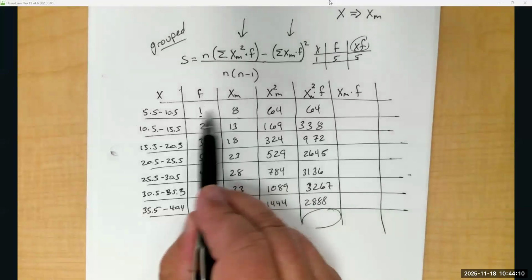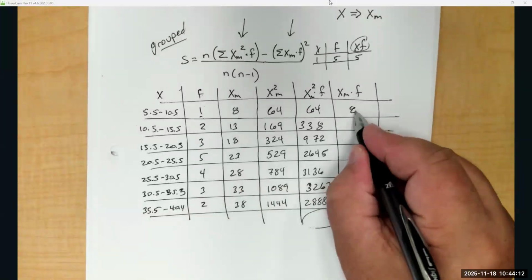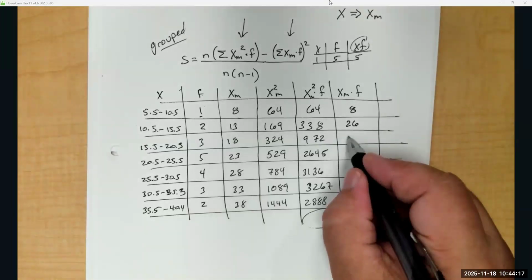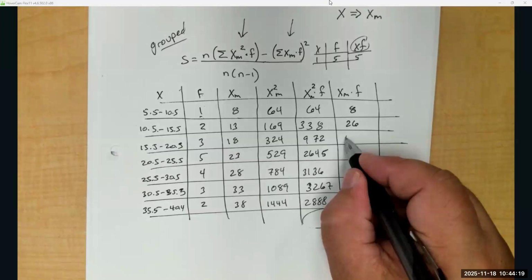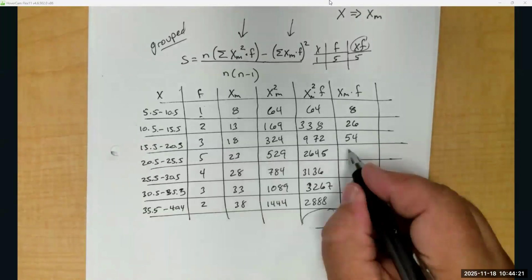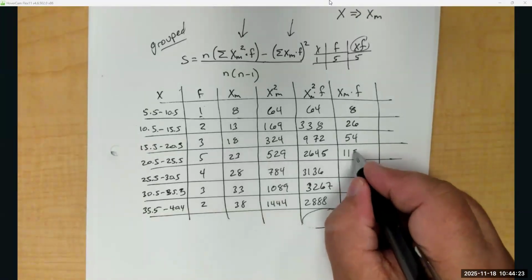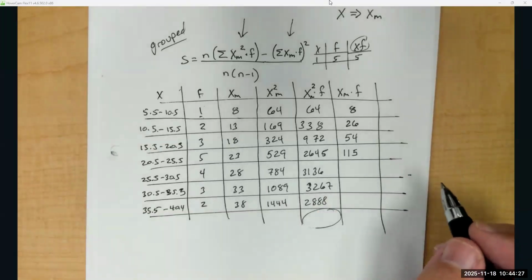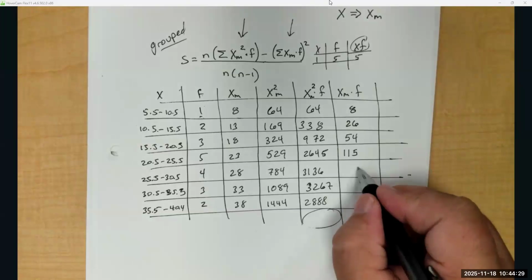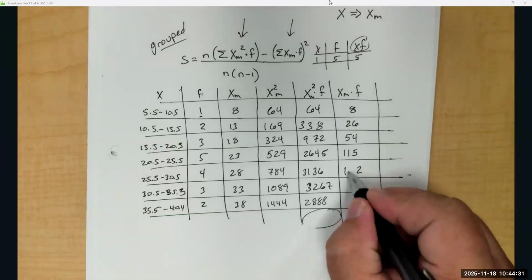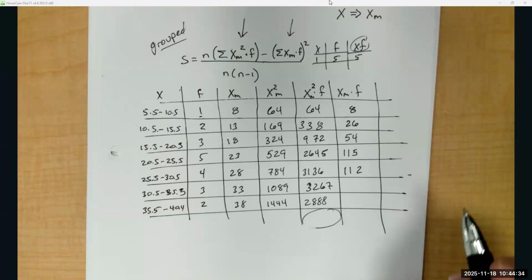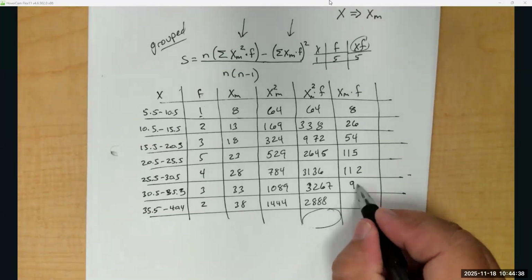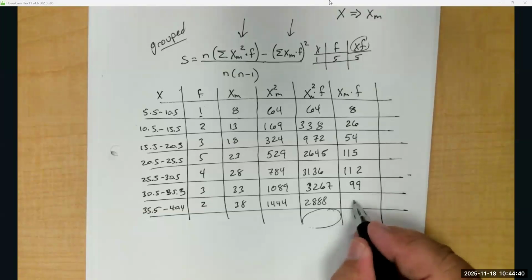So it's these two, 1 times 8, 2 times 13, 3 times 18, 5 times 23, 4 times 28, 4 times 28, 3 times 33, and 2 times 38.